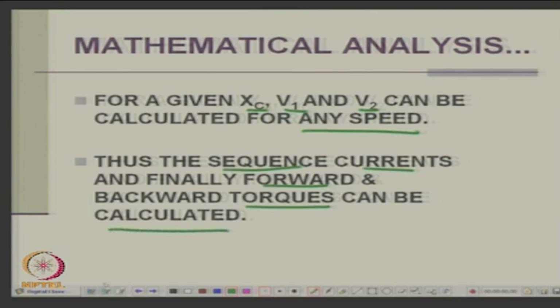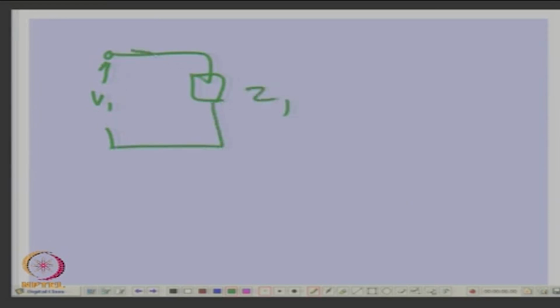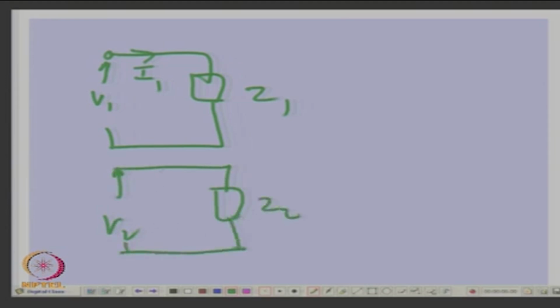The next calculation is simple, because you know V1 and you know Z1, and you can find out I1. And you know V2 and you know Z2, and you can find out I2.